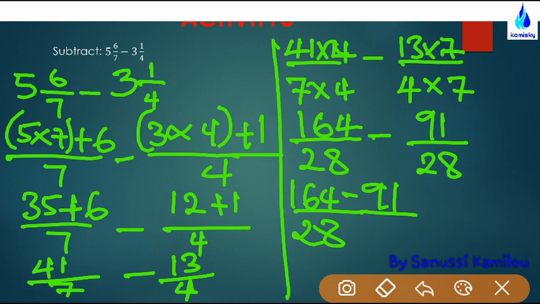So let's do our calculation fast and see what you can get. We are having 164 minus 91. So if I should do 4 minus 1, I will get 3. 6 minus 9. Someone says impossible. So let's take the whole 16. 16 minus 9 will give me what?